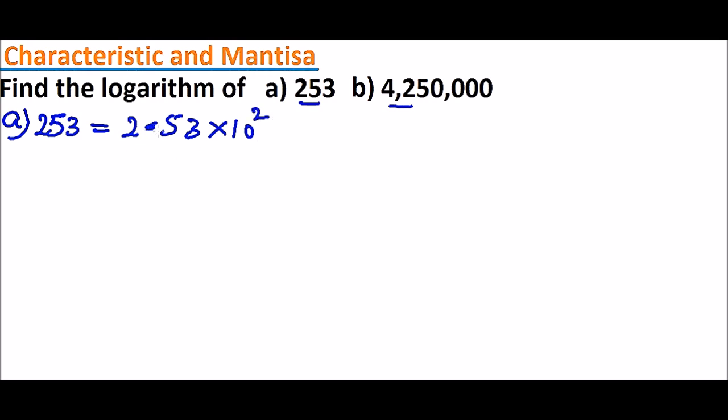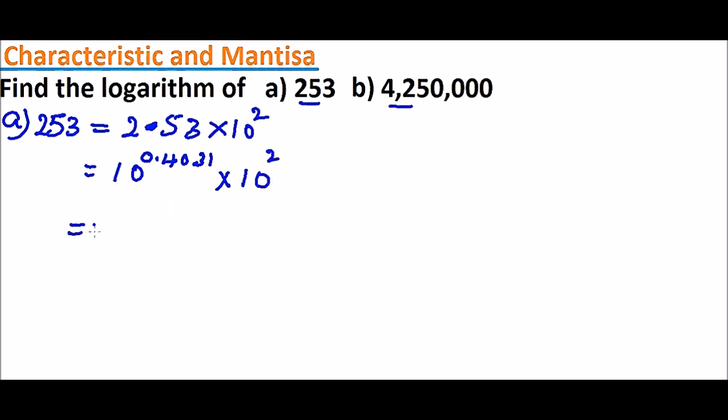So using the mathematical tables, we can now express 2.53 to the powers of 10. We read from the mathematical tables, the number is 10 to power 0.4031 multiplied by 10 to power 2.